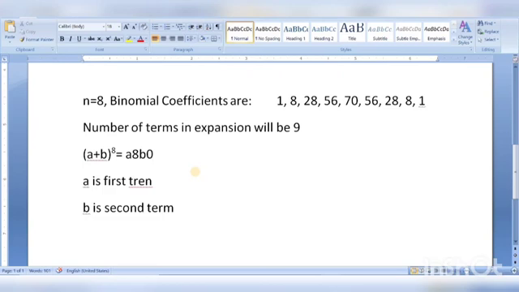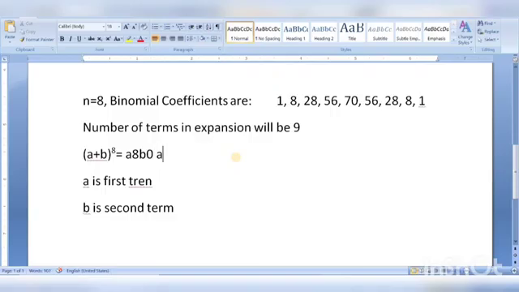The highest power is always for the first term with B starting from power 0 and ending at the highest power. It just gets reversed, so 0 and 8 in the final term. So in the first term we will have A raised to 8, B raised to 0. I will put it in powers afterwards. Let me write it first now.